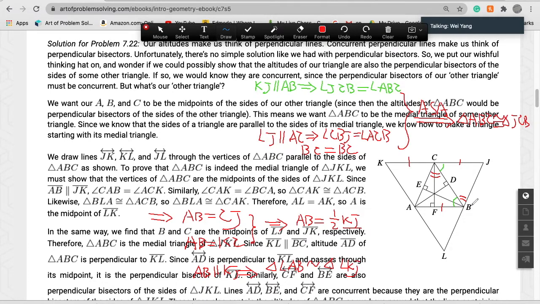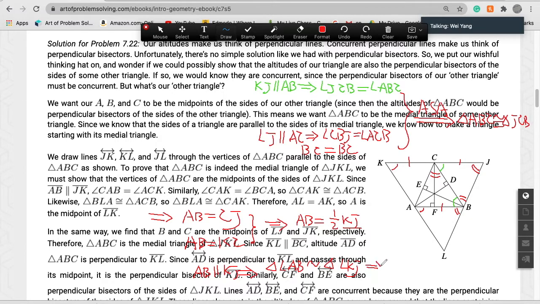Just because this line is parallel with this, you can immediately get this triangle LAB similar with triangle LKJ. Because this parallel line immediately gives you that the two corresponding angles are congruent. Then use the AA similarity theorem, you can get these two triangles are similar.